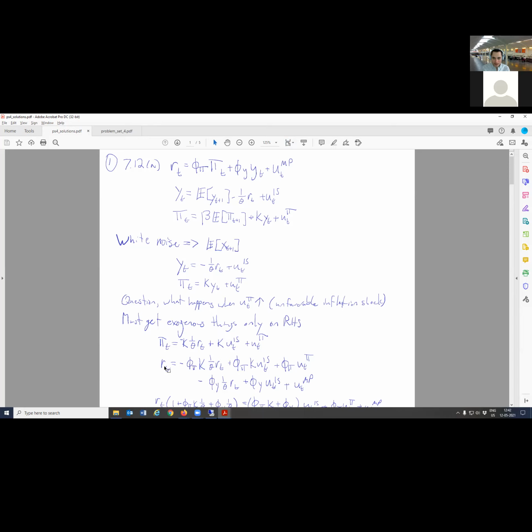So you can see that I've got r t is equal to phi pi times my definition here of pi t. So I've inserted that here. And then I've got minus phi y times my definition of y t here. It's minus because there's a minus here. So that's these two terms.